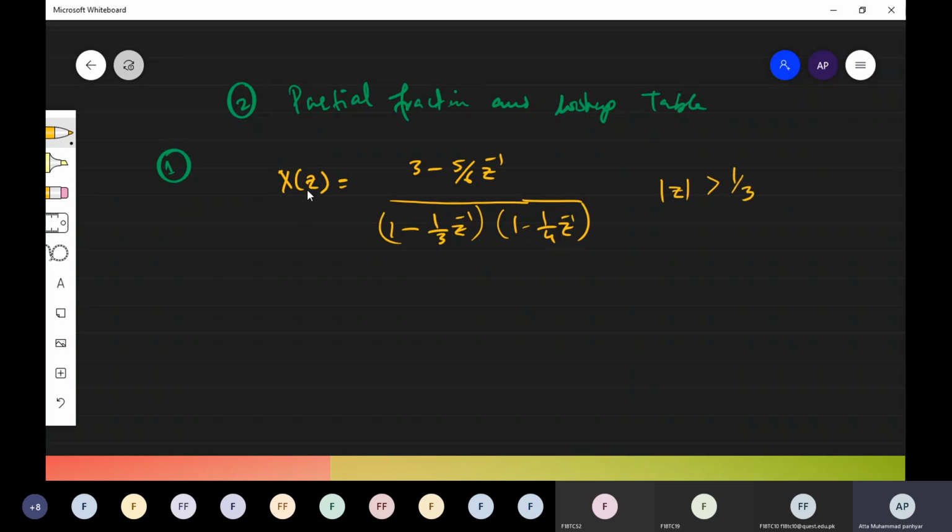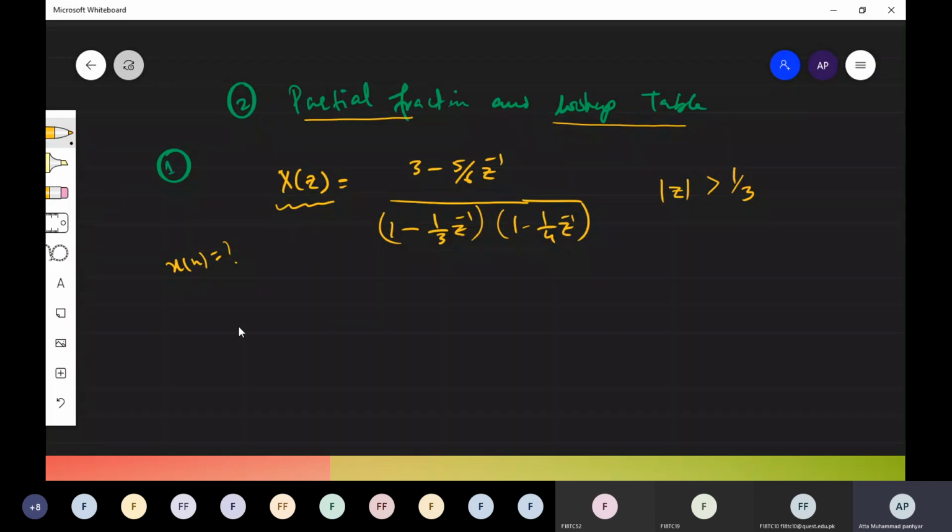If we have a z transformed signal and we wish to compute x of n, first of all we break this term into partial fractions, partial sums, and then we use a lookup table in which all popular transforms are available. So we can make the transform and take the inverse directly.